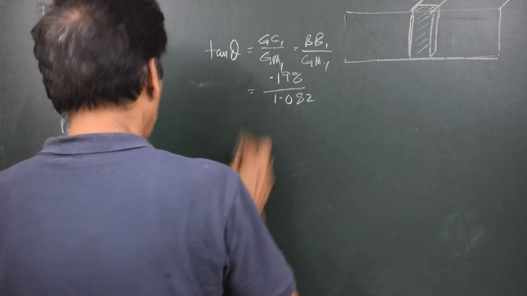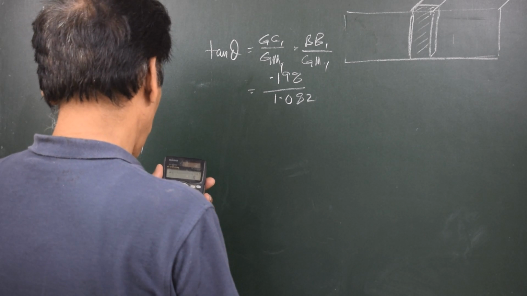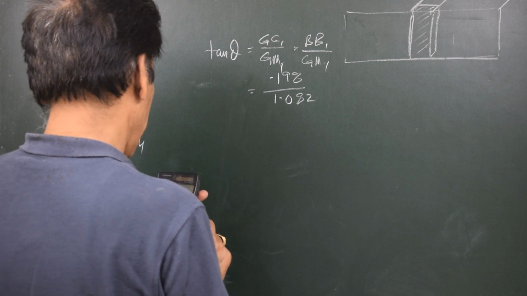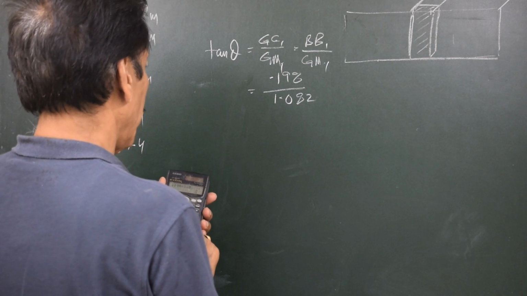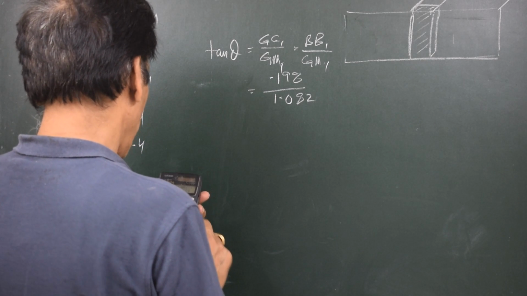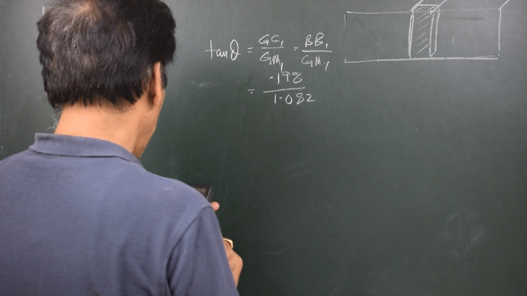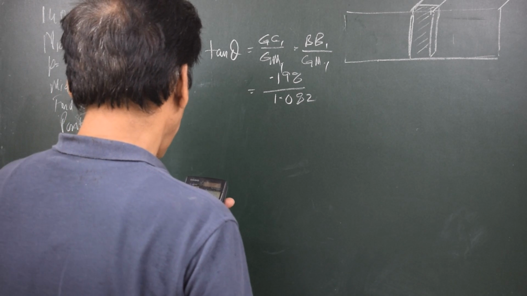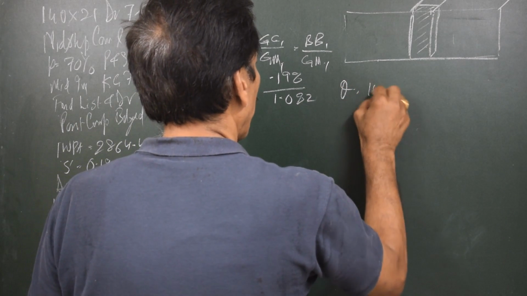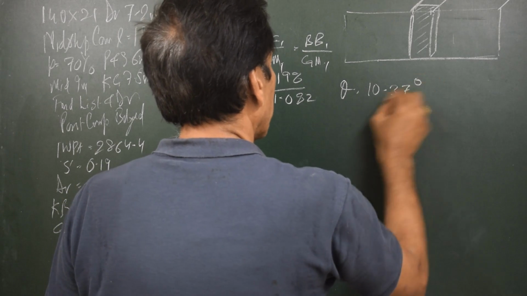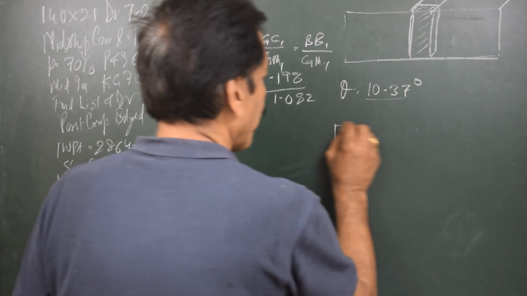So let us find out theta. 0.198 divided by 1.082, shift tan, gives me 10.37 as the list. Theta is equal to 10.37 degrees.